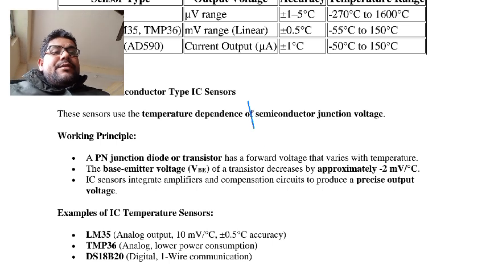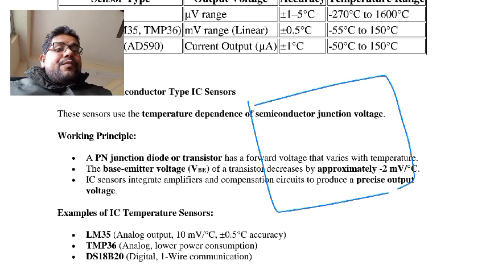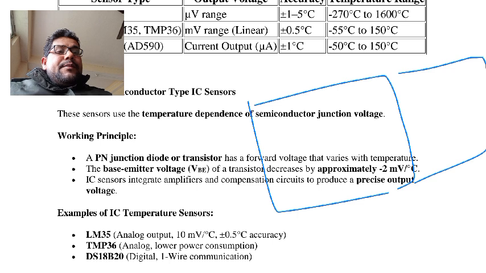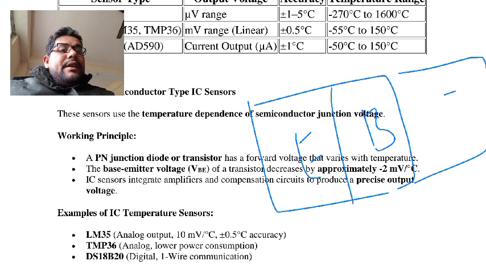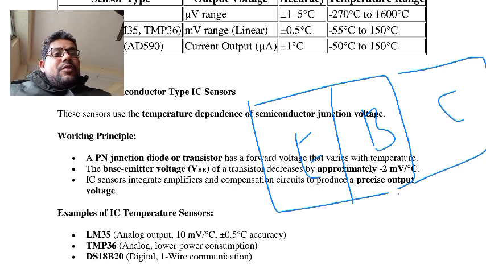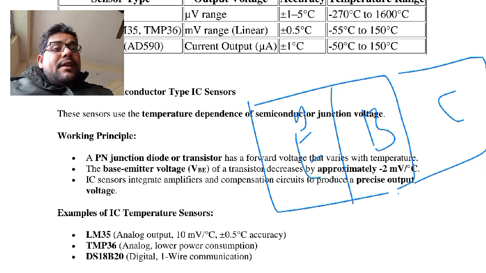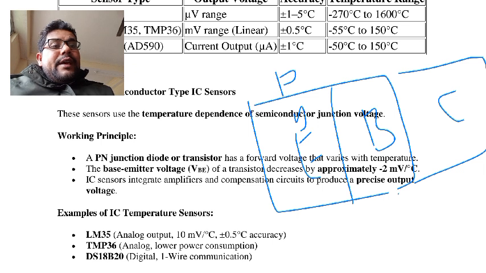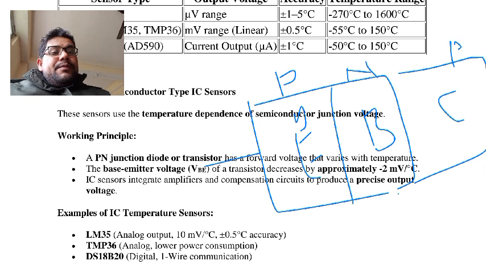Suppose this is the PNP transistor. This is the emitter, this is the base, and this is the collector. The base emitter junction must be forward biased.